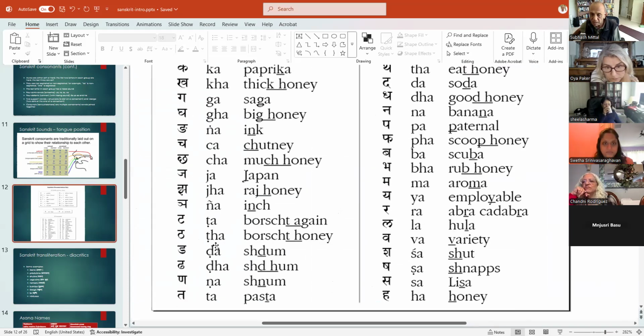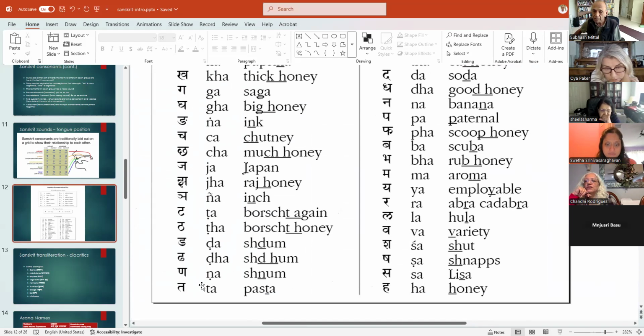Now you can see the tha. There's a dot under the T. That's how you represent that in English. Otherwise, without the dot, it will be pronounced as tha, a very soft tha. When you put the dot, it's ta. When you follow the dot with the H, it's tha.